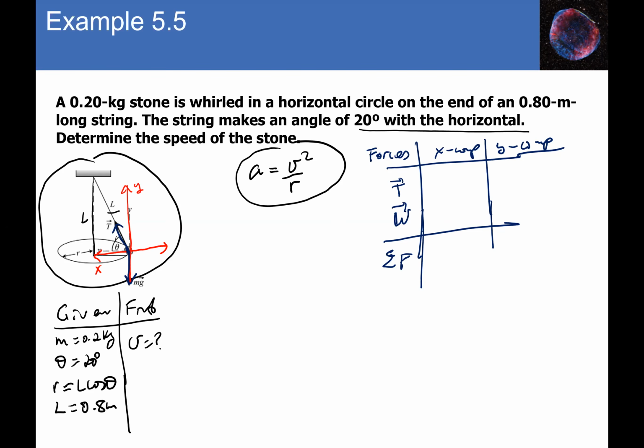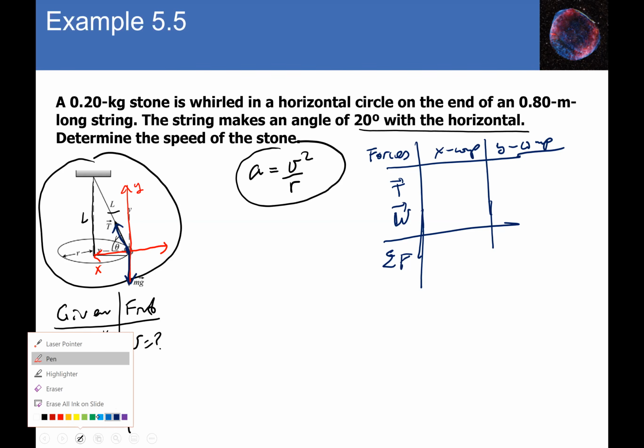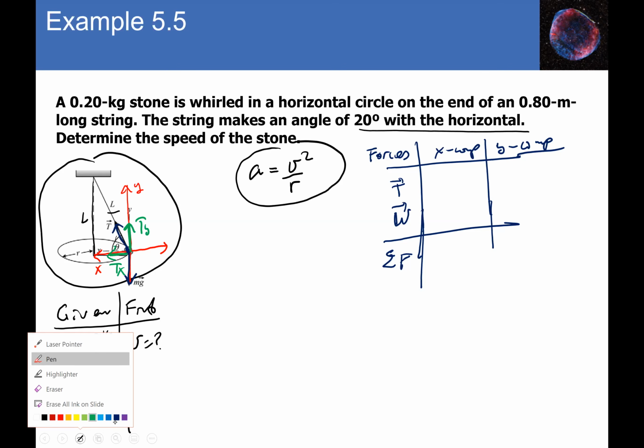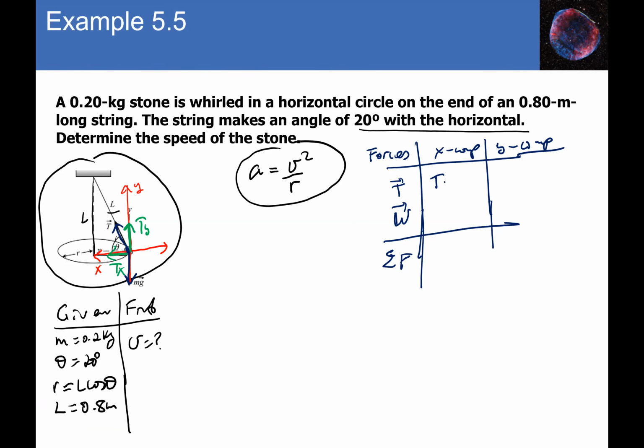Now, the tension in this case becomes a two-dimensional force. So you can take the tension and break it down into two components: here's a horizontal component, this is Tx, and here's a vertical component, this is Ty. Those can be written as T cosine theta and T sine of theta, because if I'm taking to the left as positive, tension is in the first quadrant. Weight is in the negative y direction.